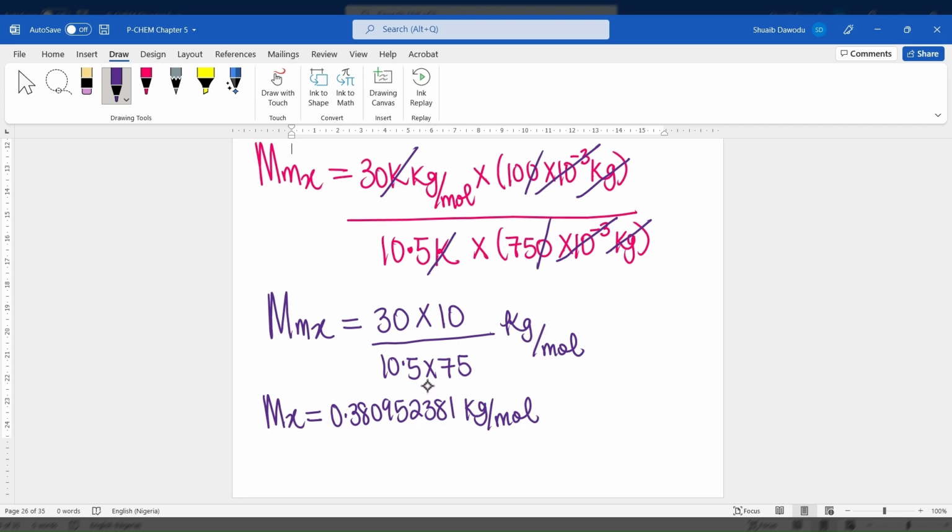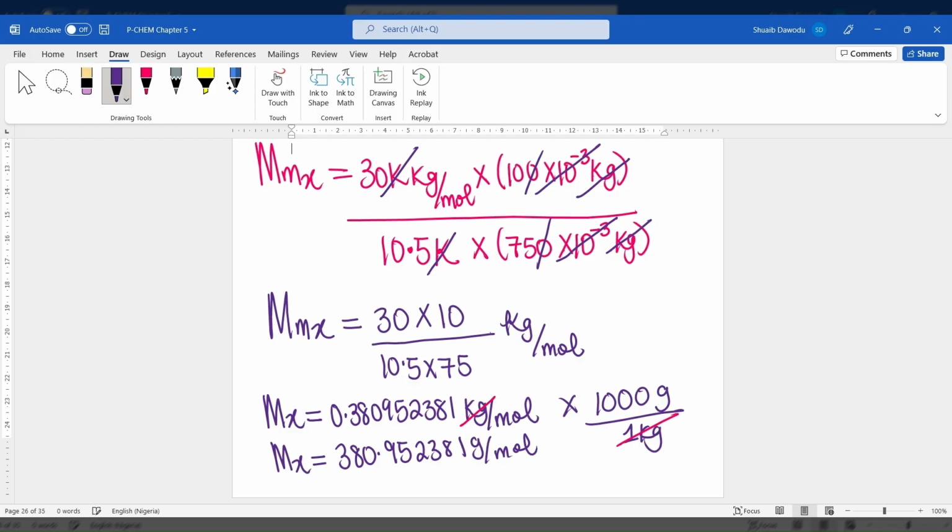We know usually molar mass tends to be in gram per mole, so we just multiply this value by 1,000 grams per 1 kilogram. The kilograms cancel out. This is just converting from kilogram to grams. So M_X is simply going to be 380.95, or 381 gram per mole.